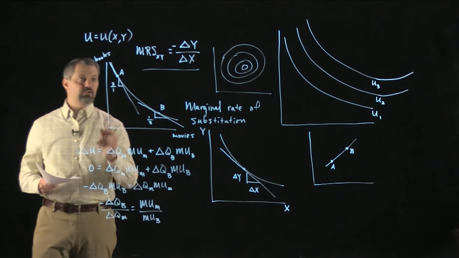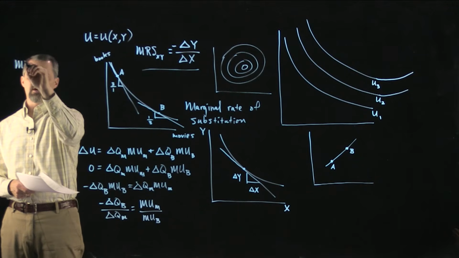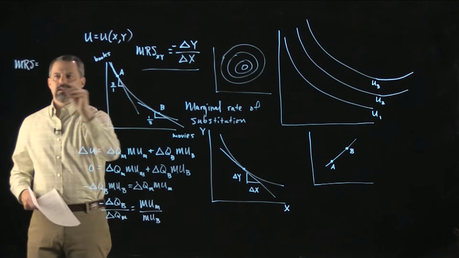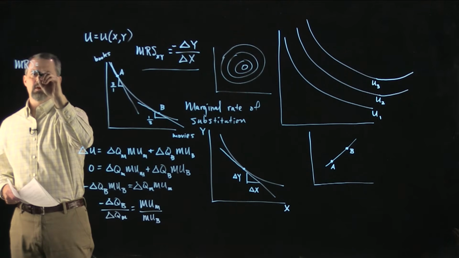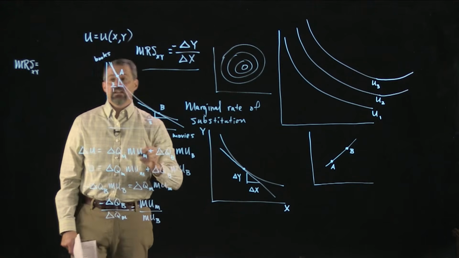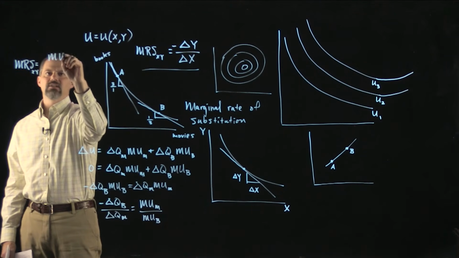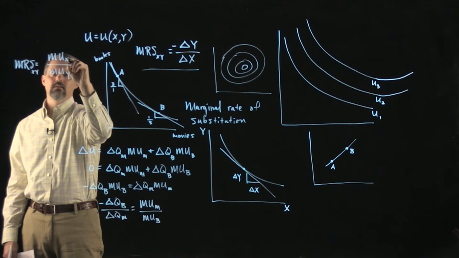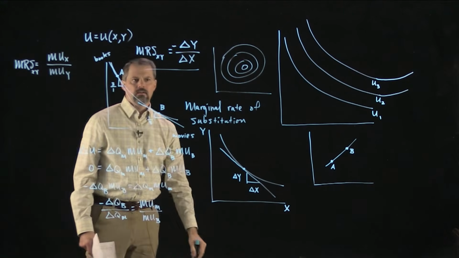So let's make sure that we know that the marginal rate of substitution, let's write it now in this notation. Marginal rate of substitution of good x for good y is equal to the marginal utility of good x divided by the marginal utility of good y. Okay?